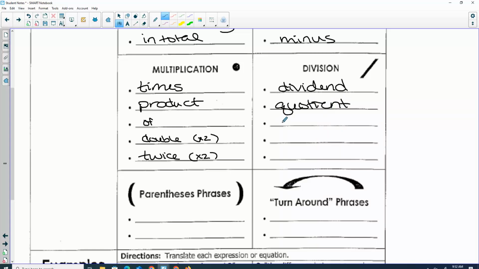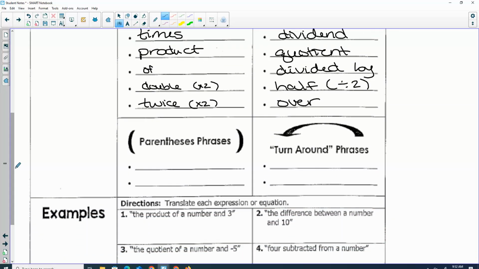I could just say divided by. Half of something, yeah, half would be dividing by 2. I might say over. We have a number over 4. So that means a number divided by 4, if you're talking about it in terms of a fraction.